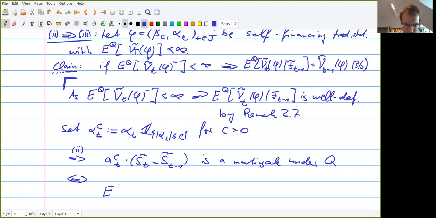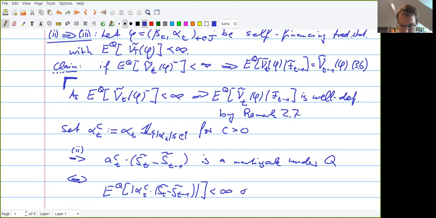If we look at the expected value and take the absolute value around it, since this is a Martingale, this has to be finite.